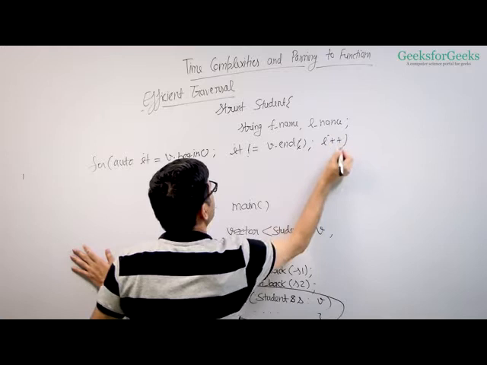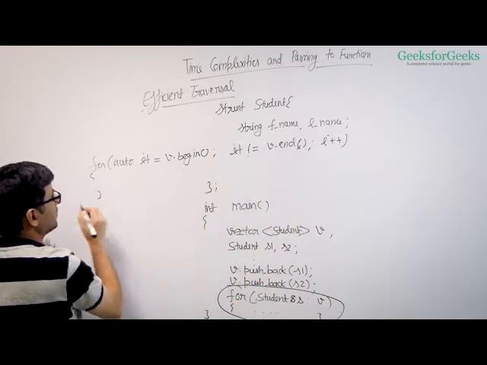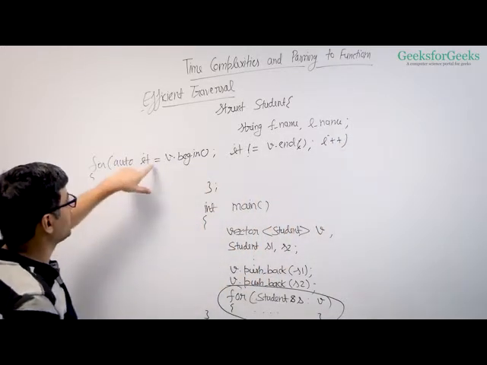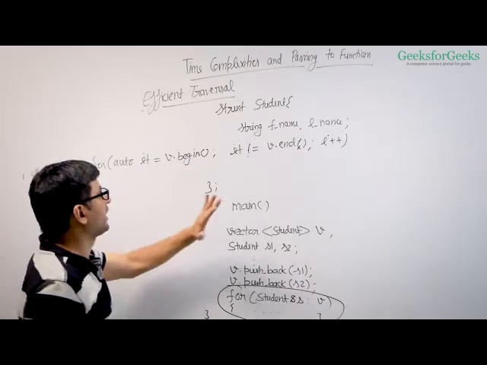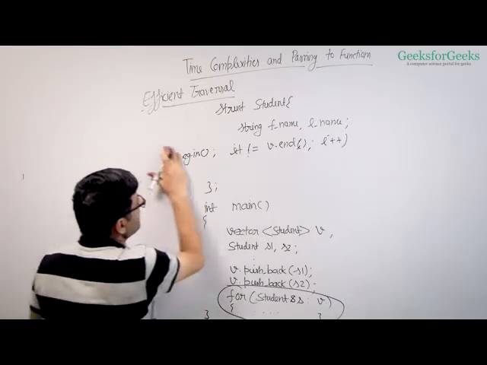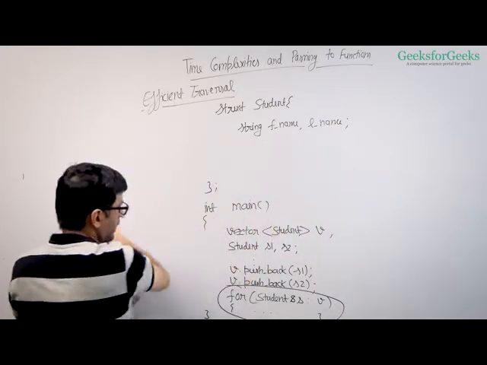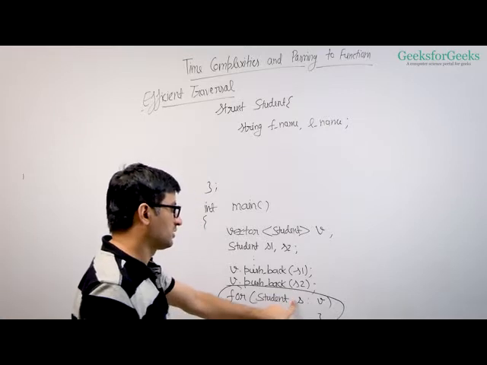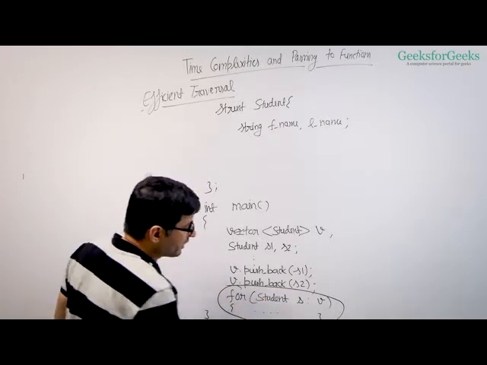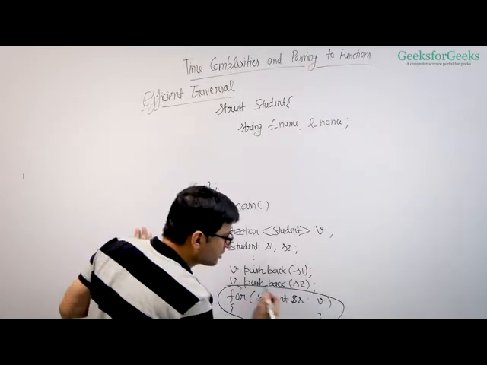If you're traversing this way, this does not have this problem of inefficiency, because here iterator means addresses, pointers. So this is fine. But if you're traversing using this loop, and if you are not using reference, then there's a problem, because the whole student object will be copied every time. So it's a good idea to use reference here.